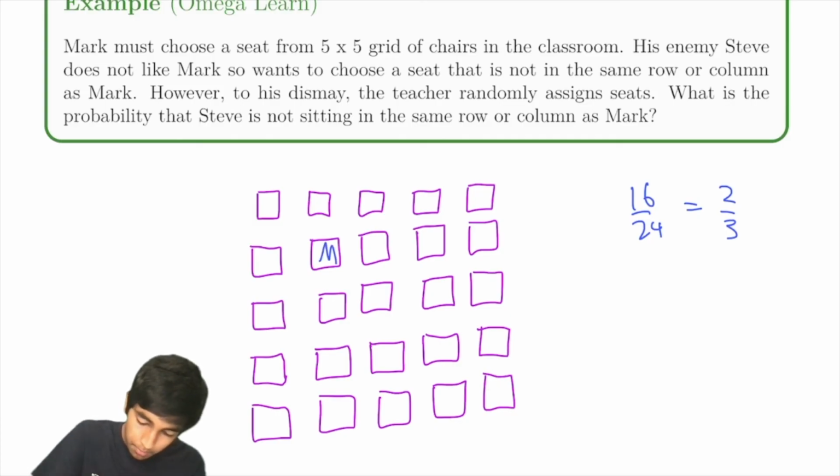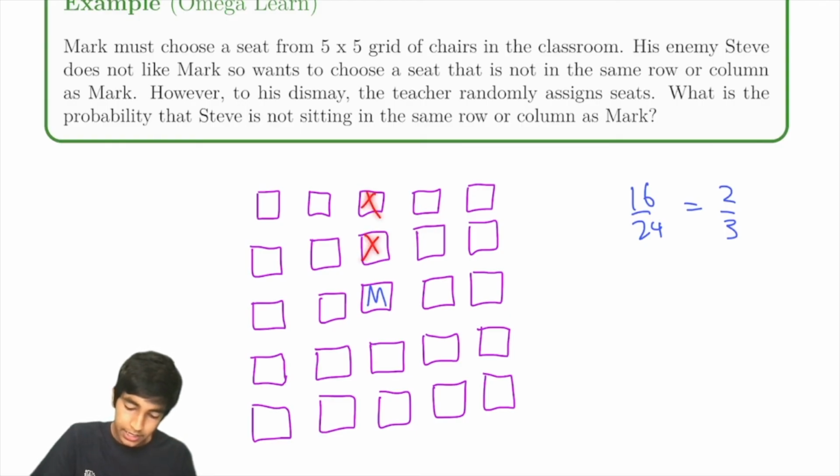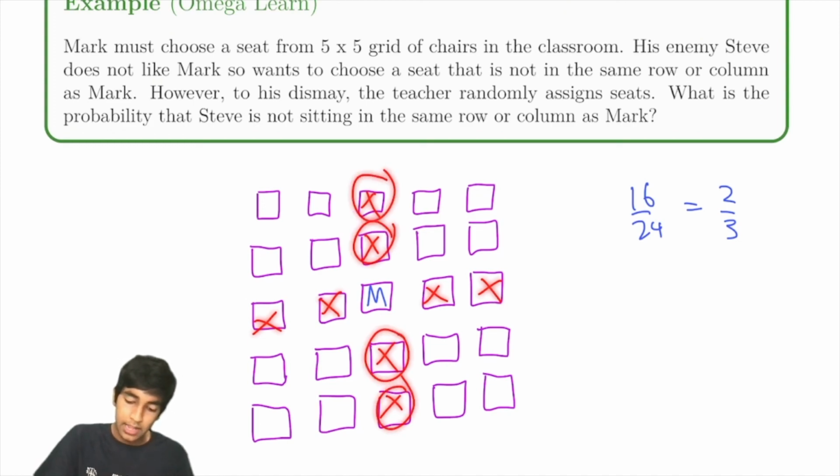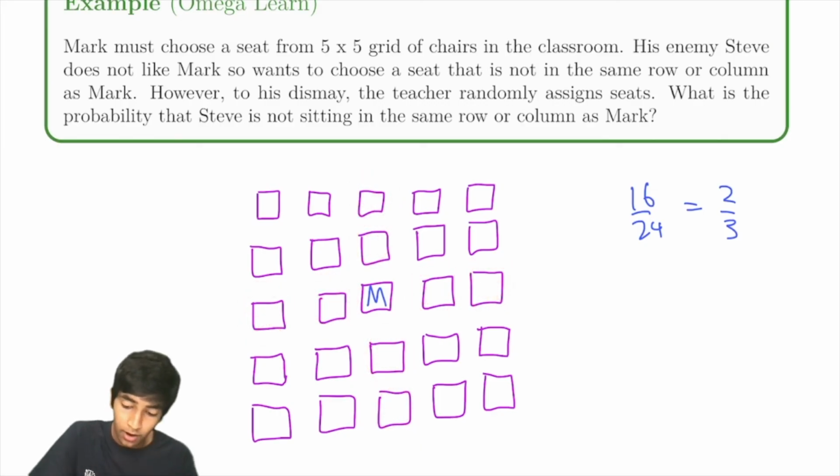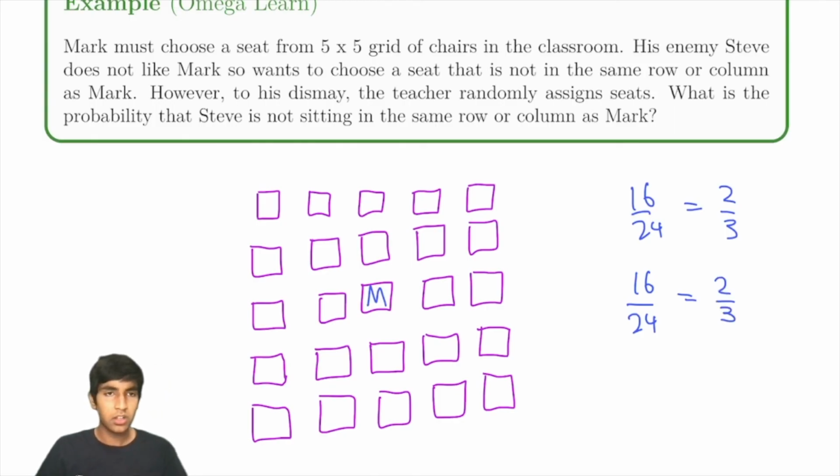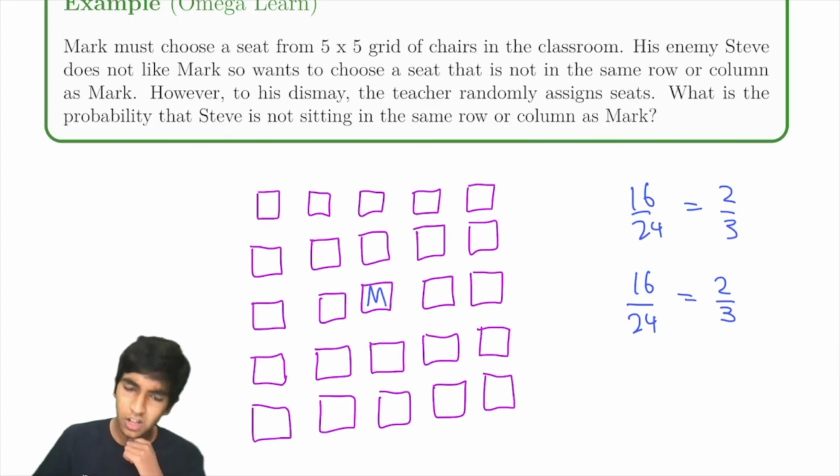What if instead Mark sits over here in the center? Again, Steve can't sit in the 4 other seats in the column, and 4 in the row. Again, 8 cases don't work, so the probability is 16 over 24, which equals 2/3. This is seeming a little suspicious. Is it always 2/3?